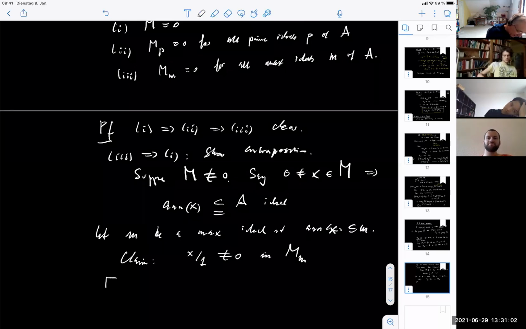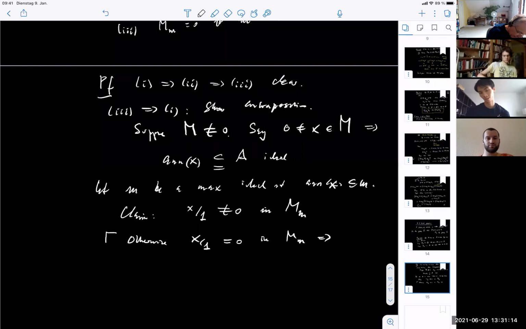Maybe indirect. Otherwise, x over 1 equals 0 in M_m. So this means there is some element, let's call it s, in A but not in m, such that sx equals 0.